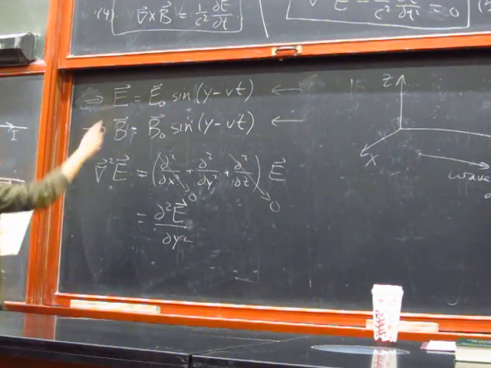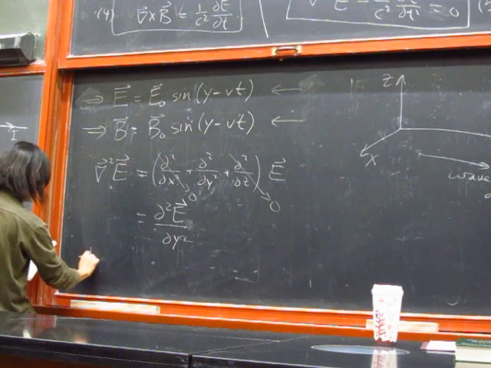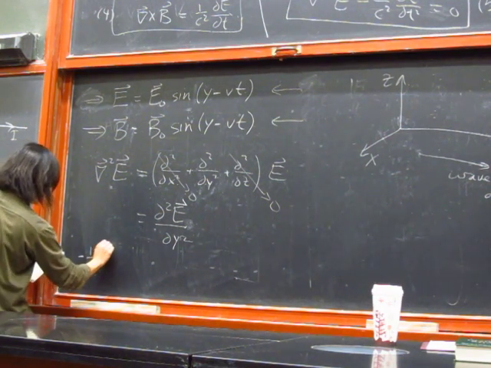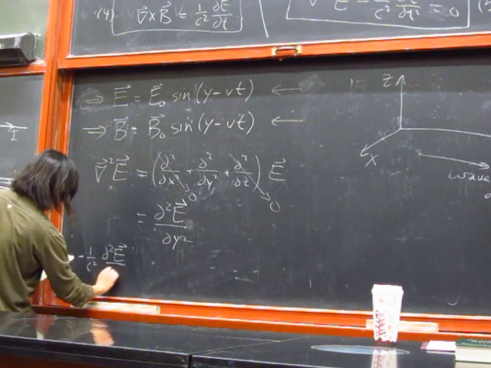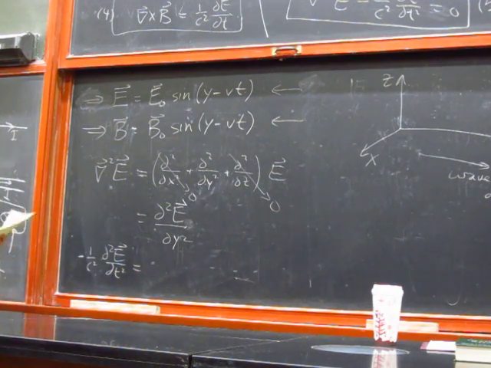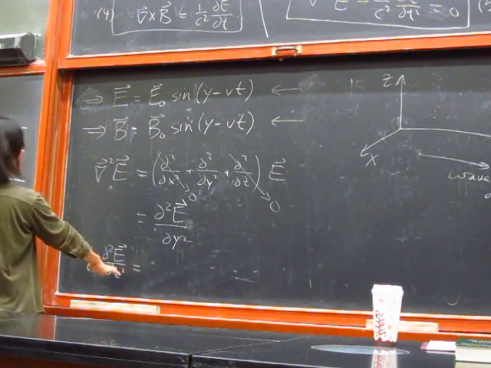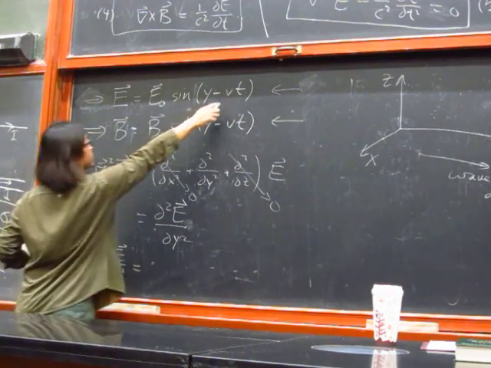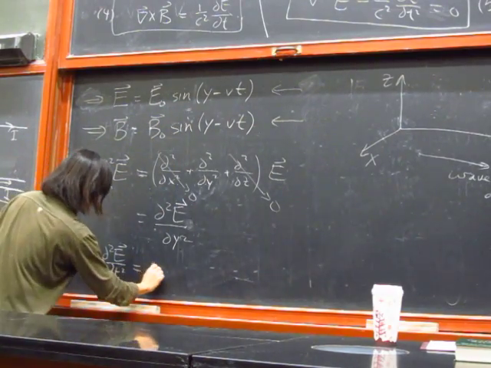And if I look at the other term, the minus 1 over c squared times the second derivative with respect to time, what do I get? I take the derivative with respect to time. I pull out a factor of minus v.